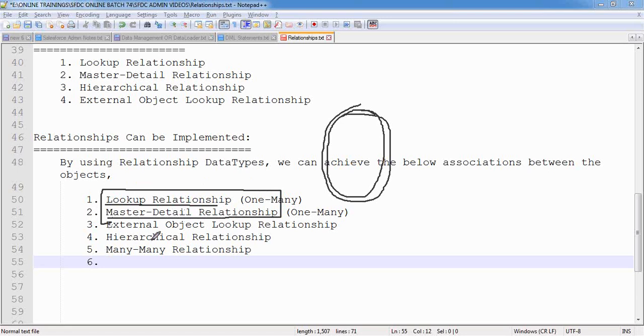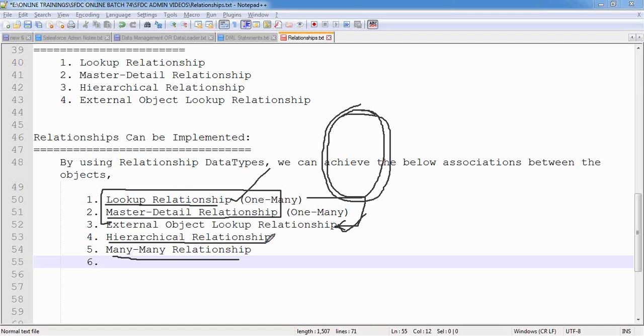Next, they will ask how many types of lookup associations are available. Here we have the lookup relationship and the external object lookup relationship, these two. And again, how can we achieve many-to-many association in Salesforce?